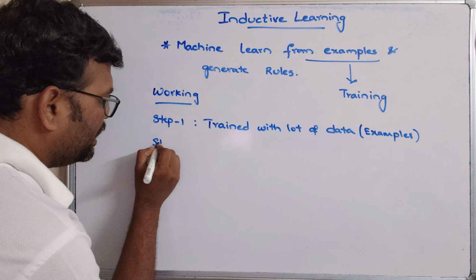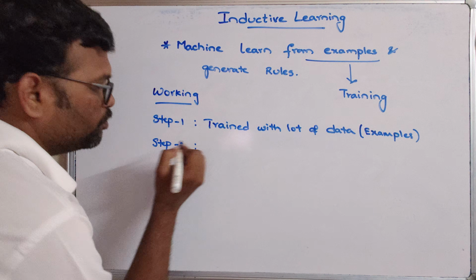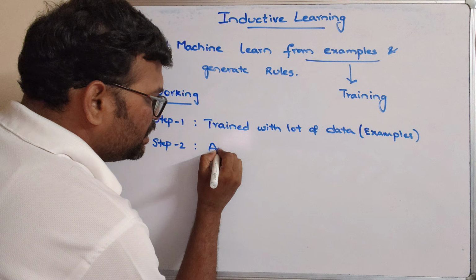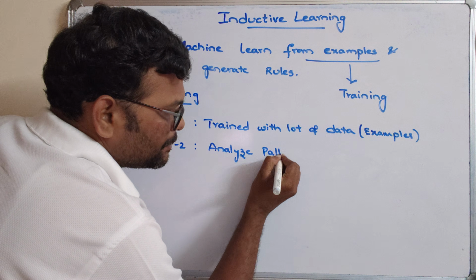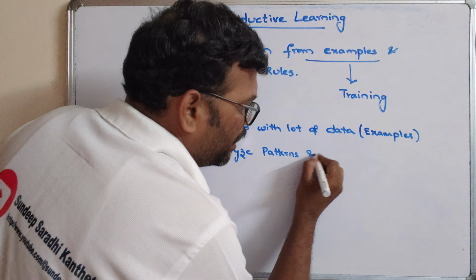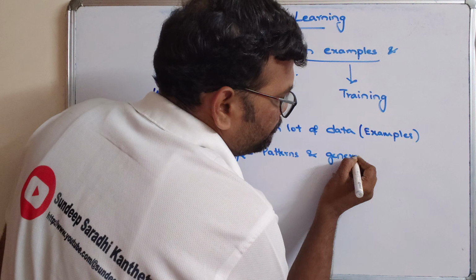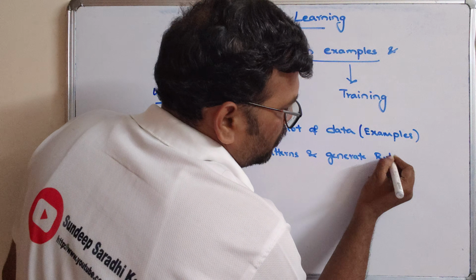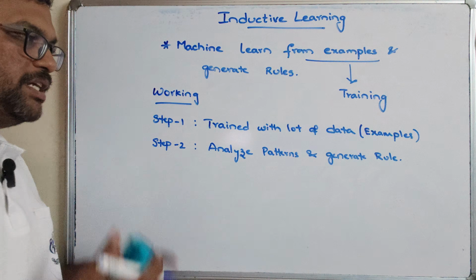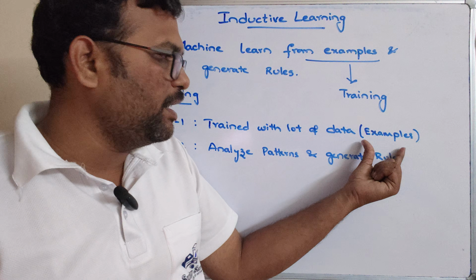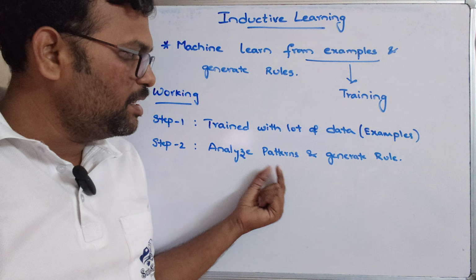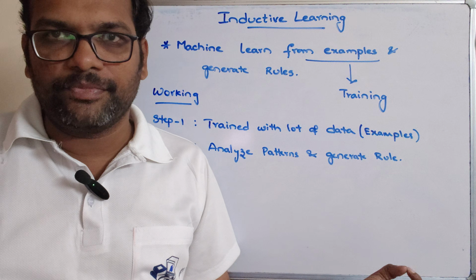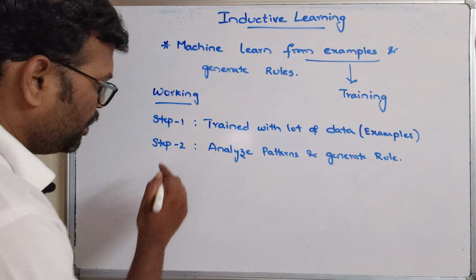Step 2: after training, the machine will analyze patterns and generate a rule. After training with a lot of examples, the machine will analyze the patterns and generate a common rule from these examples.